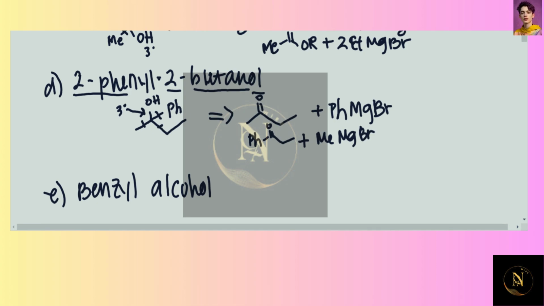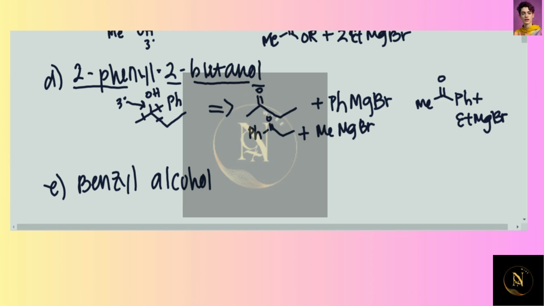Or we could imagine making this disconnection and starting with methyl magnesium bromide. Those are our choices for making the following alcohol.